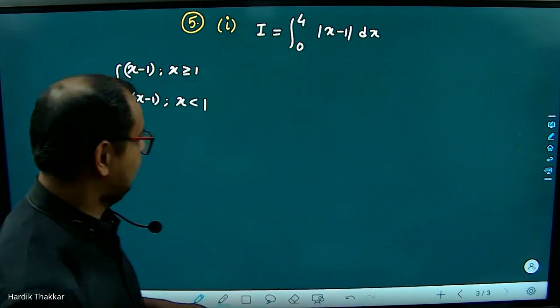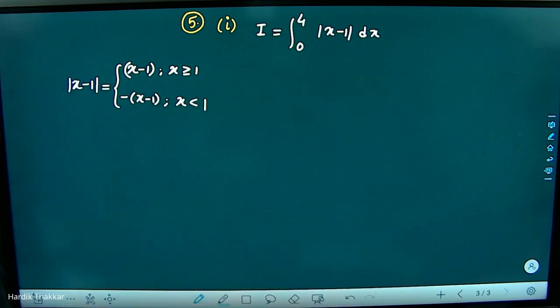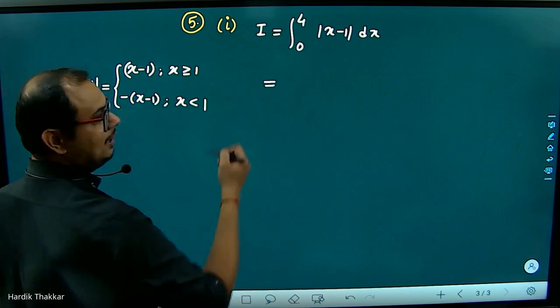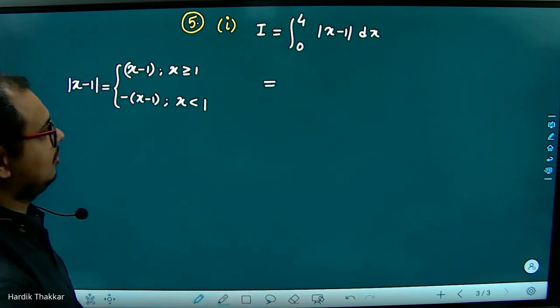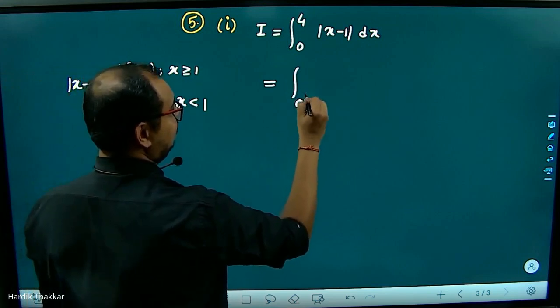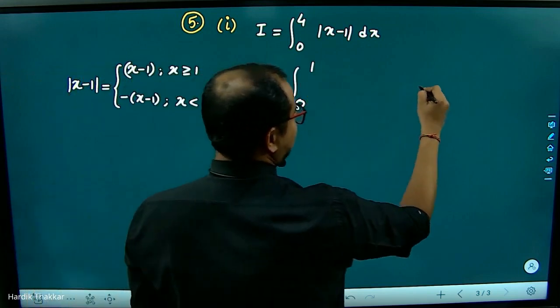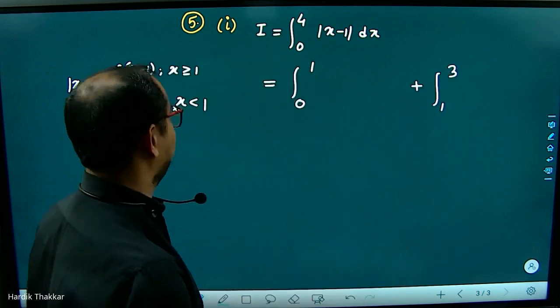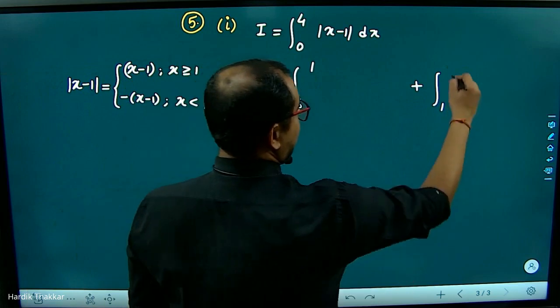Okay. So further, how we can break this complete integral? The integral will be from 0 to 1, and the next limit will be from 1 to 3, correct? Sorry, 1 to 4. Yes, correct.